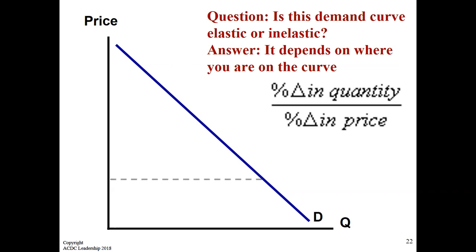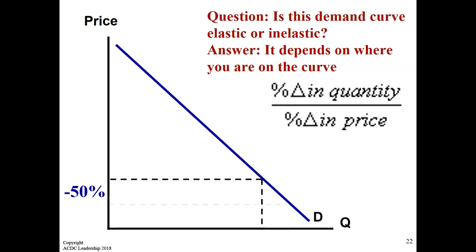All right. So here's how it's always going to go. It's going to be elastic at the top, what we call unit elastic, which we'll get to at one spot, and then inelastic at the bottom. If you're like me and you have trouble remembering it, E before I, elastic, inelastic.